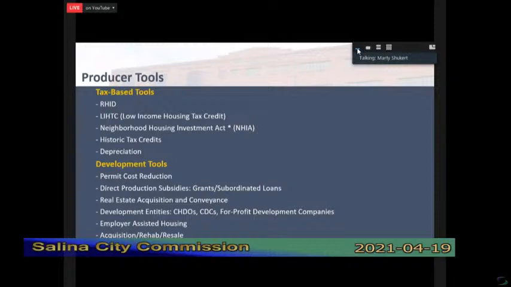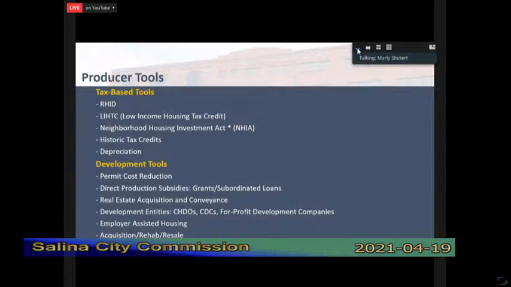So now if I'm an equity investor in a CHODO that's taking a $50,000 loss, I can take that money off of my tax bill as a credit up to 35% of the cost of the unit. So this would wind up, if it went into effect, getting used much the same way as the LIHTC is, by selling tax credits.